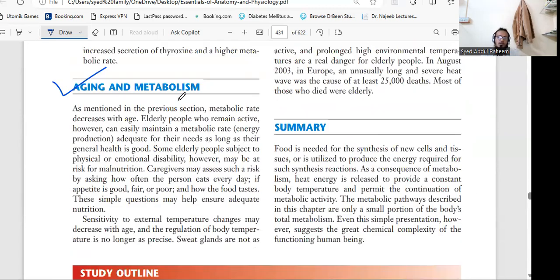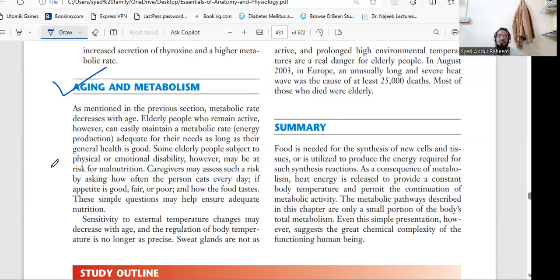Now, at the end of metabolism, what is the thing we have to remember? In the elder age, the metabolic rate decreases. In the younger age, the metabolic rate increases.